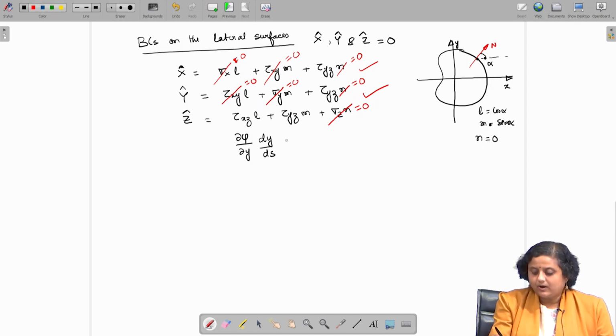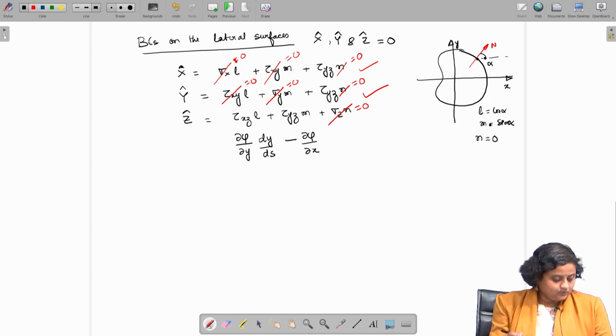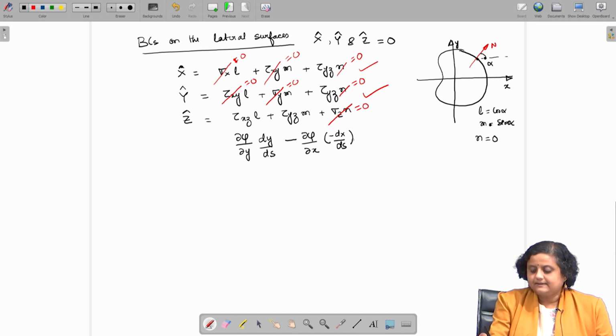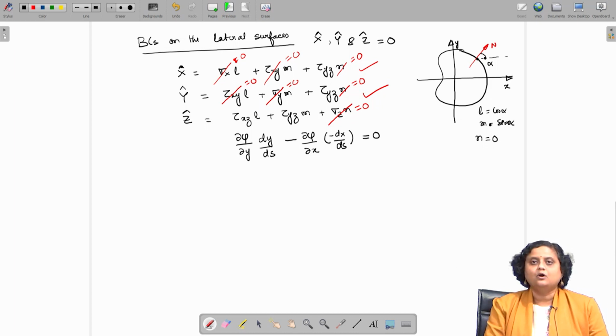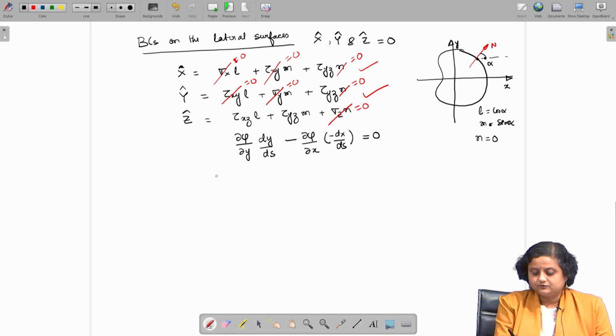Similarly, sigma y z is minus del phi by del x and m is going to be minus dx by ds, and that has to be equal to 0 for the boundary condition to be satisfied, which implies that d phi by ds is equal to 0.